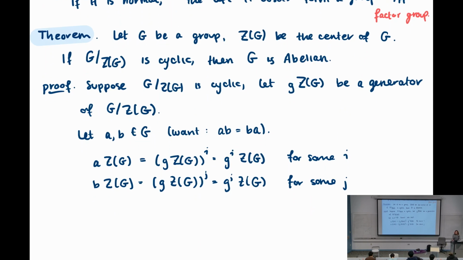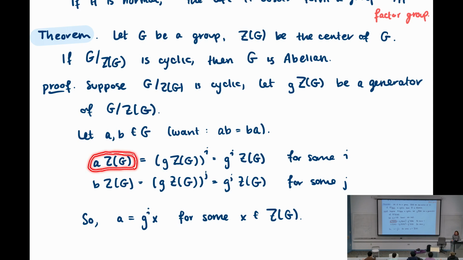Okay, so this is all at the level of G mod Z(G). So let's look at what this says about what's going on in G. So this means that a is equal to g^i x for some x in the center of G. So why is that? We have on the left-hand side a set, and a is an element of that set.